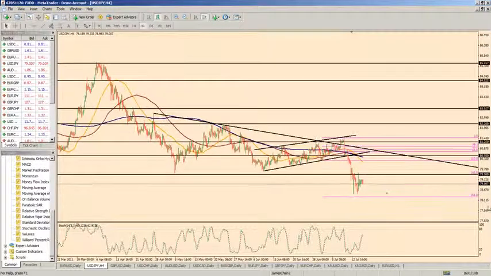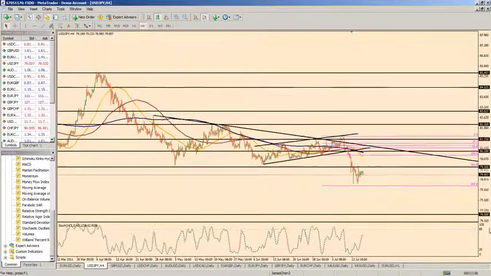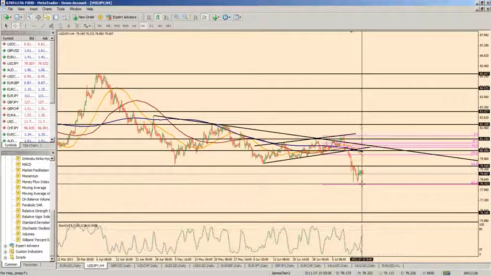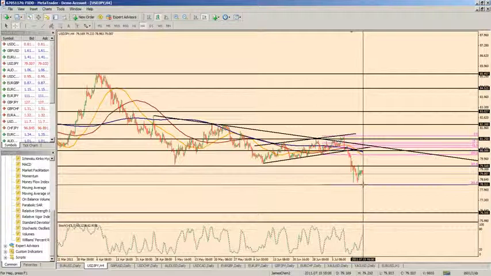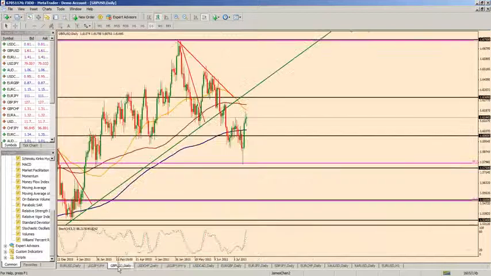But further downside, I'm looking for a possibility for a revisit of, actually 76.50, which, it's hard to say if that's actually going to occur, but I'm looking for a breakdown below the 261.8%, which is at around 78.30 area, and looking for a possibility of 76.50 if the bearishness continues.